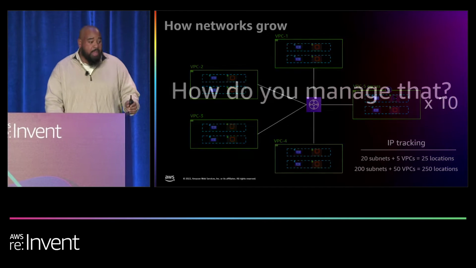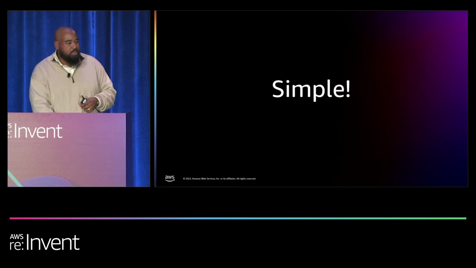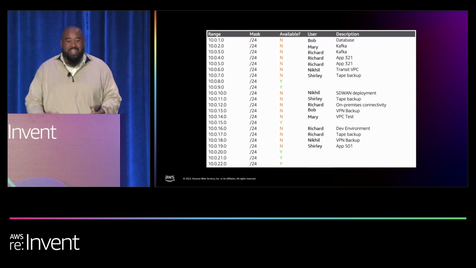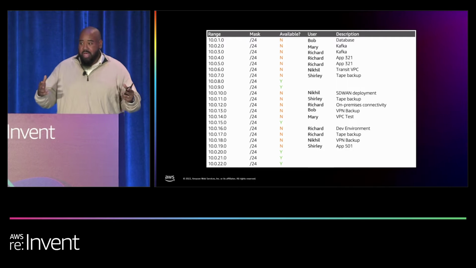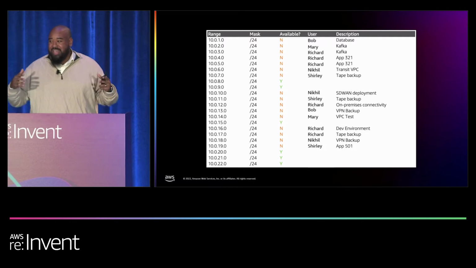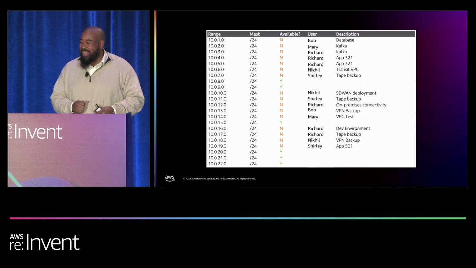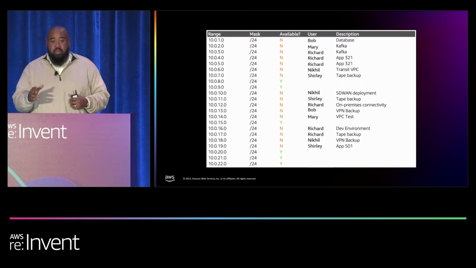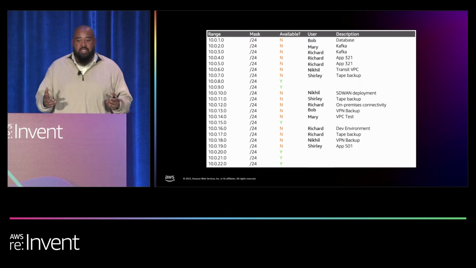You may be asking, how do you manage that? I got a simple answer. Spreadsheets. Everyone loves spreadsheets. And for the people in the audience that have managed IP addresses in spreadsheets, there are some challenges with that. One of the challenges that I can think of is, let's say you're storing your spreadsheet centrally, and I need to make a change to the spreadsheet.